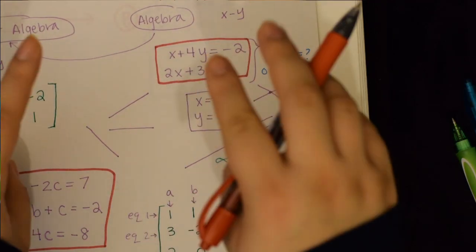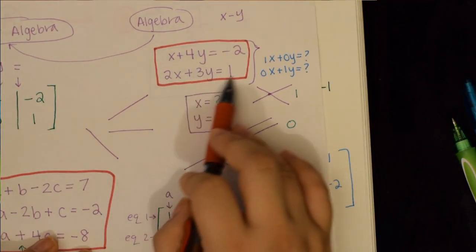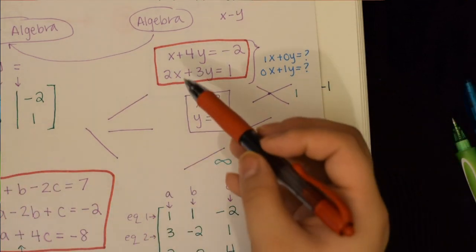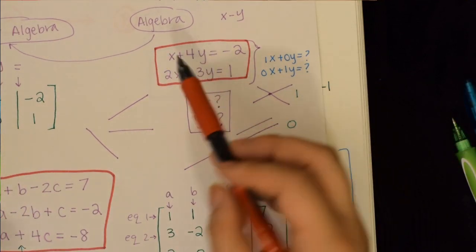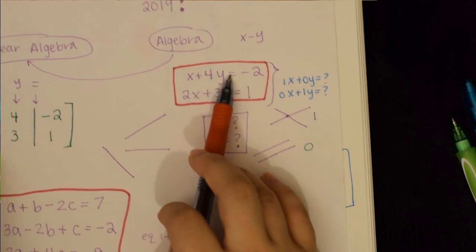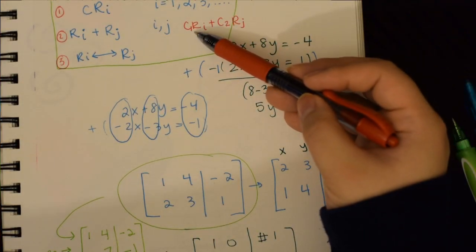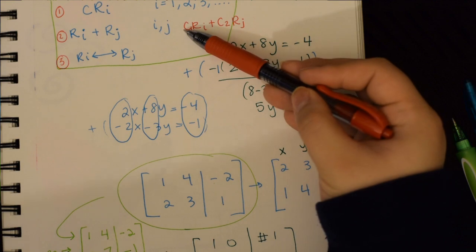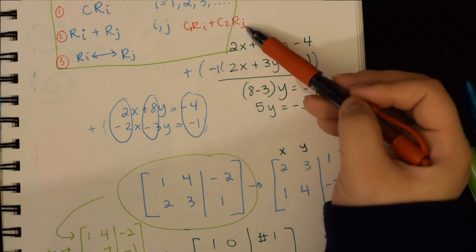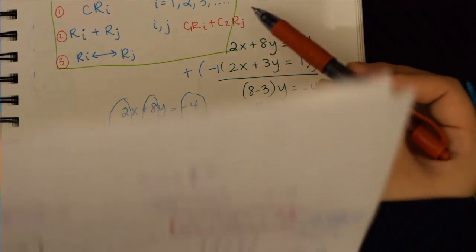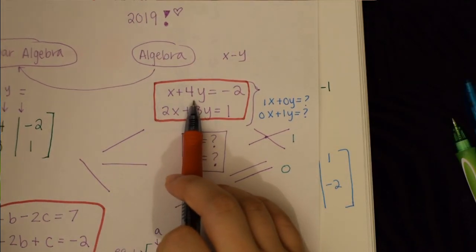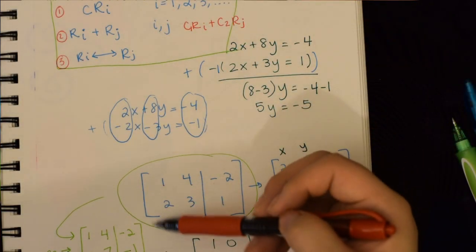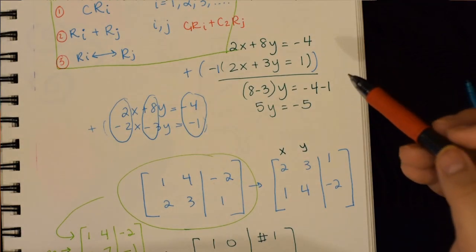Because when I say this, I'm multiplying this row by 1, just keeping it the same, and then minus 2 times this one. So I've multiplied one row by one constant, 1, and the other row by another constant, -2, and then added. So it's just like doing it all in one step.